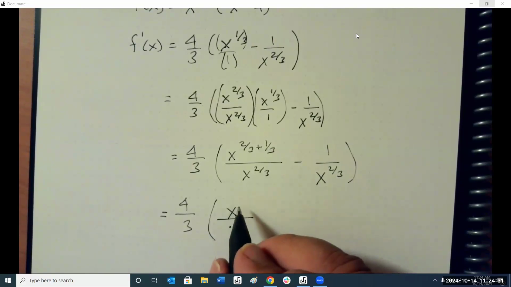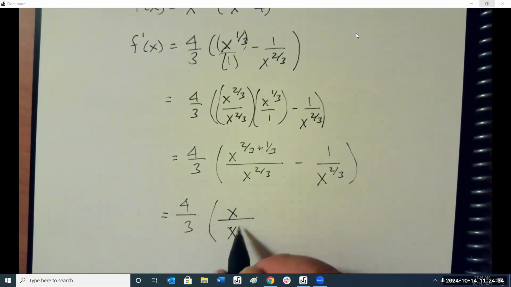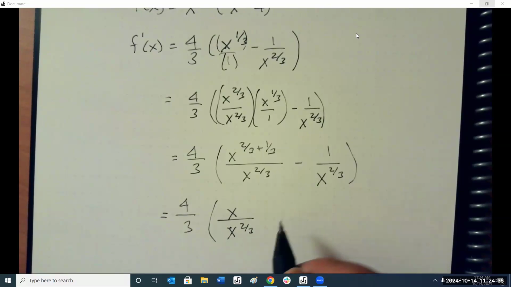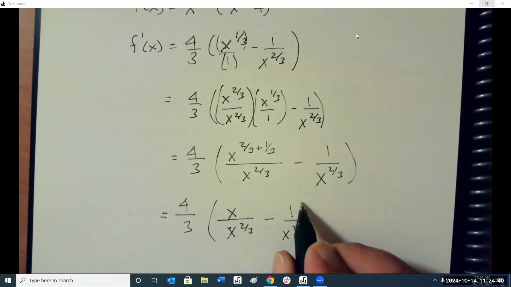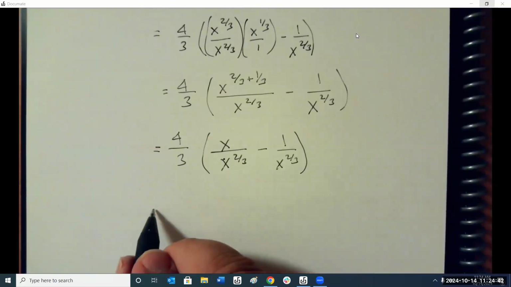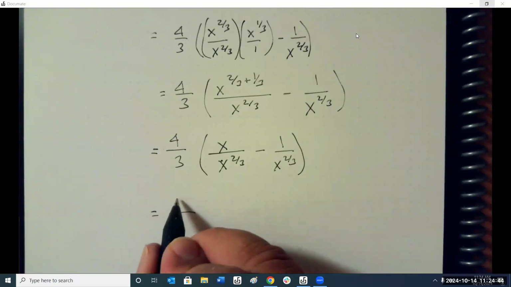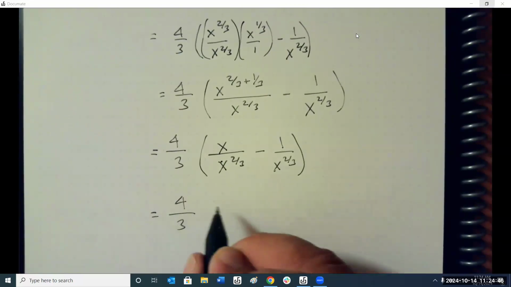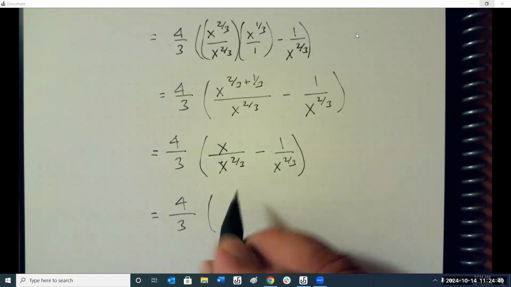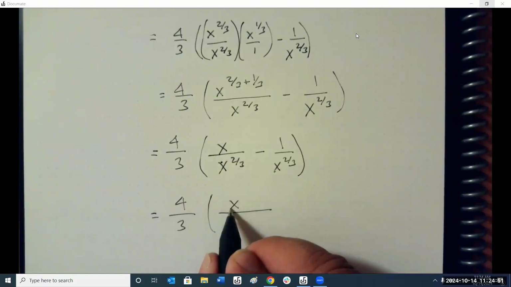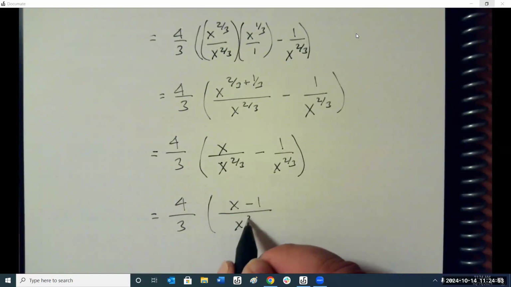So it's x to the first over x to the 2/3, minus 1/x to the 2/3. So it's x minus 1 over x to the 2/3.